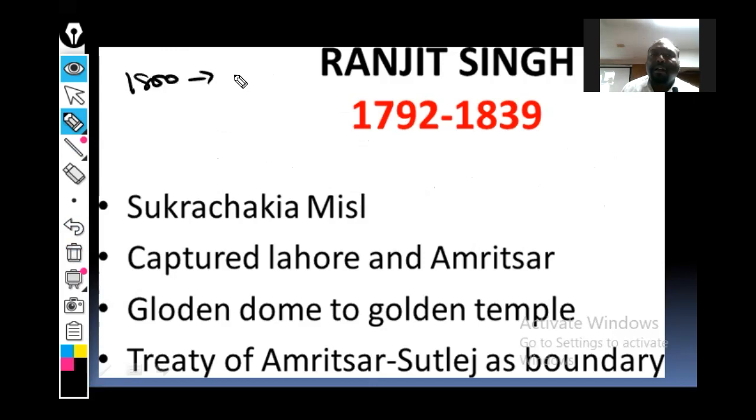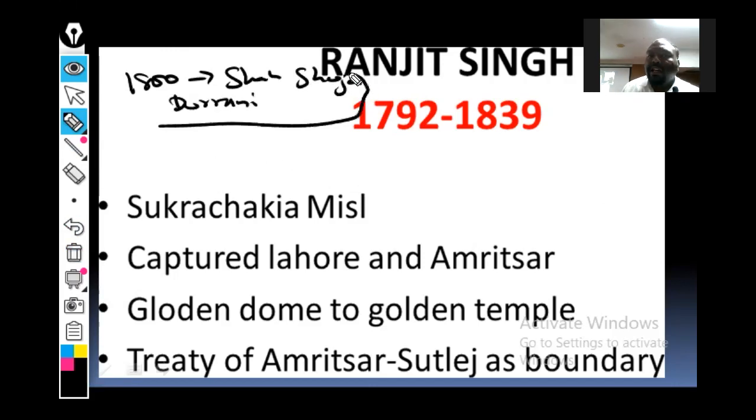1800, Shah Shuja Durrani. And Shah Shuja Durrani sits on the peacock throne of Abdali. How can the peacock throne come to Afghanistan? Nadir Shah took away the peacock throne in the Battle of Karnal, 1739.